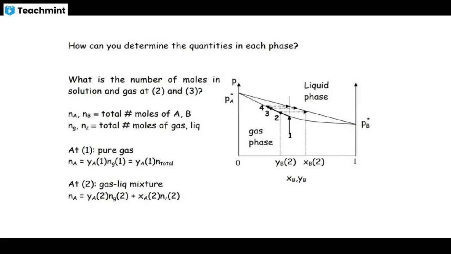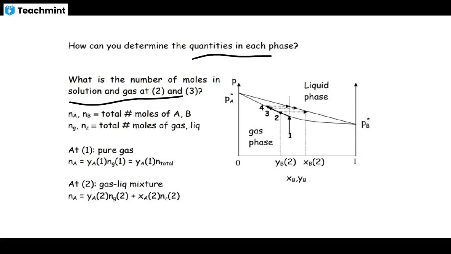Okay, now how can you determine the quantities in each phase? What is the number of moles in solution? Take nA and nB, the number of moles of A and B, and n gas and n liquid, the total number of moles of gas and liquid at 1. This is at 1, pure gas.